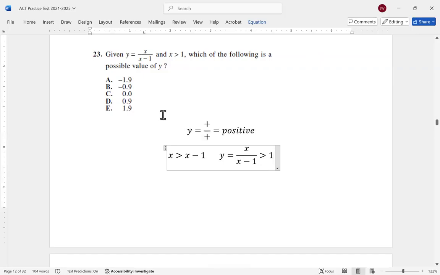And so the only option that we have which is positive and bigger than 1 is E, 1.9. So the answer to question 23 is E, 1.9.